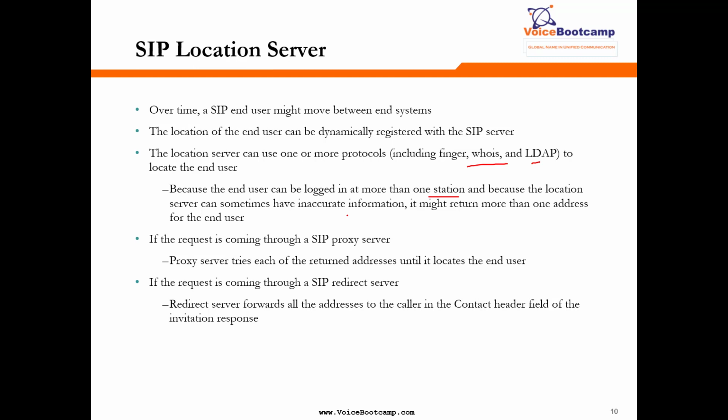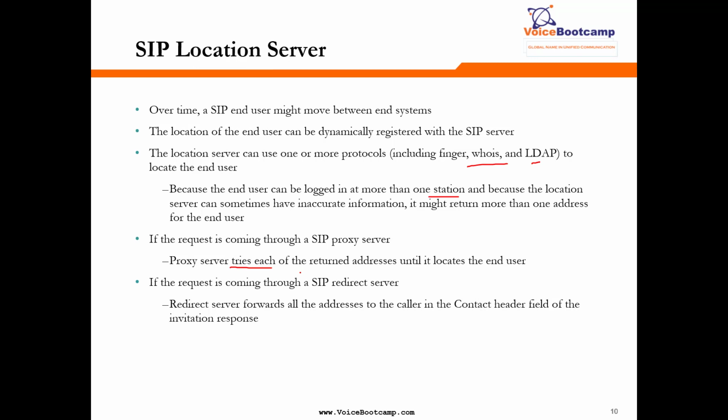So sometimes the information could be inaccurate. If the request is coming from a SIP proxy server, the proxy server tries each of the returned addresses until it locates the end user. So it might end up dialing this device and that device, and ultimately whichever responds is going to answer the call.